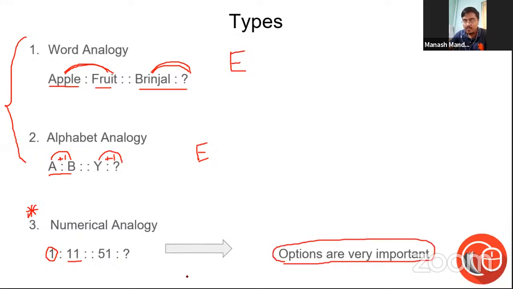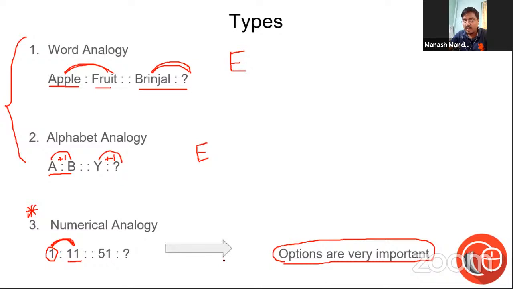As of now, for the introductory part, just understand that whenever we come across this type of questions, it is always advisable that you first of all look at the options and then try to find a relation between these two. Never start with finding the logic first. Always look at the options, and after that only look at what could be the logic behind the first part of the question.